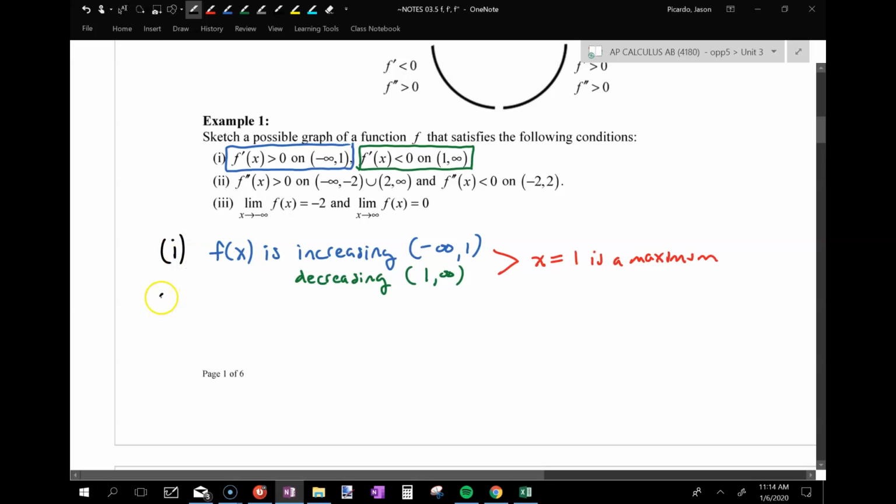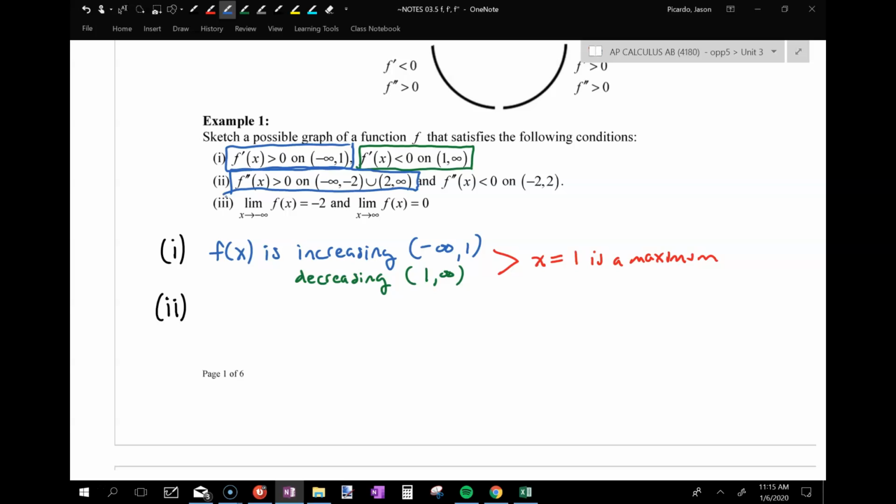Part 2. Here's what we know is true. Second derivative greater than 0 on that combination of intervals. What does that mean? Graph is concave up.